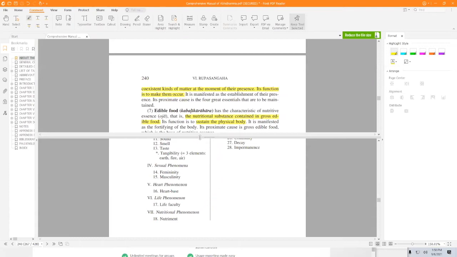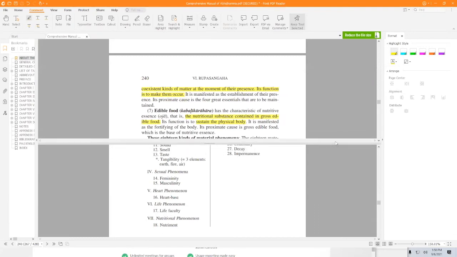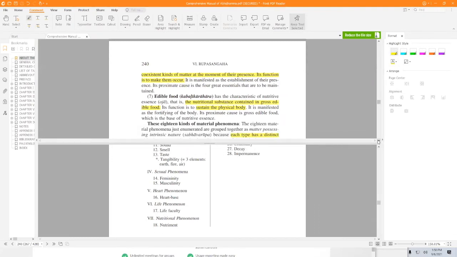And then the last type of concretely existent matter is edible food, which is not just the gross food itself, but the components in the gross food that provide nutrition to the body.